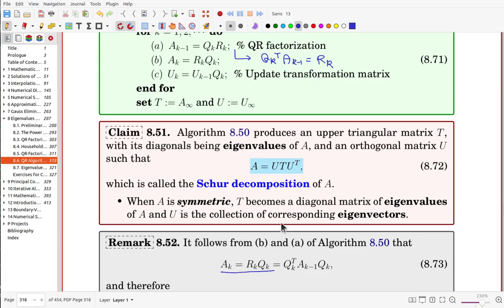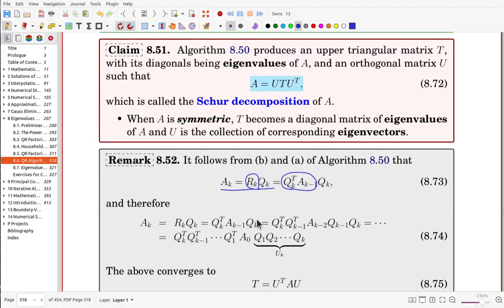So for this Rk, we are using that one. These are the same from here. So we reach that equation. Now we can get this equation recursively. Now Ak is this one. Now Qk transpose Qk and Ak minus 1. Again, this Ak minus 1 is the same as that one, right?